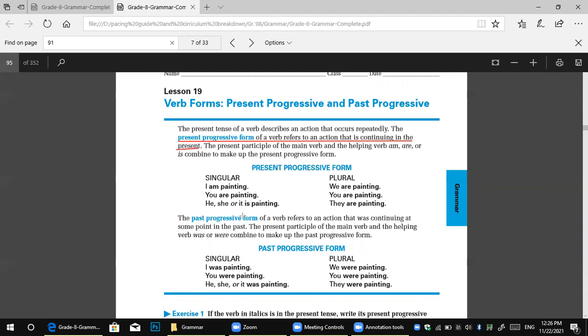But the past progressive is a verb that refers to an action that was continuing at some point in the past, for a long time in the past.